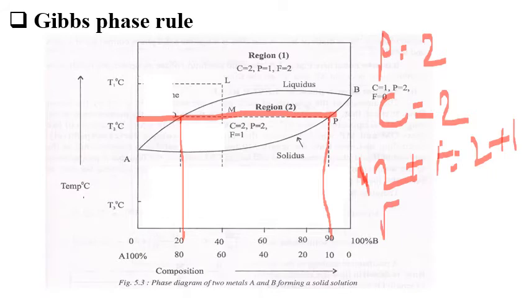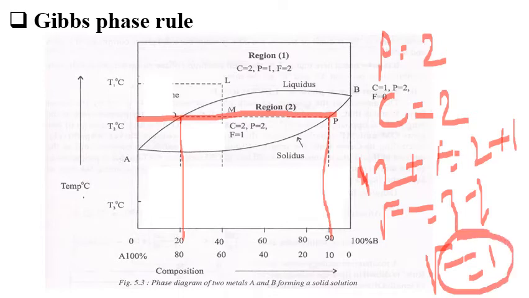So F will be equal to 3 minus 2, or F will be equal to 1. So the number of independent variables at this moment is only 1. So in this region, where we have two phases, the degrees of freedom is only one. Either you can vary the temperature or you can vary the pressure.